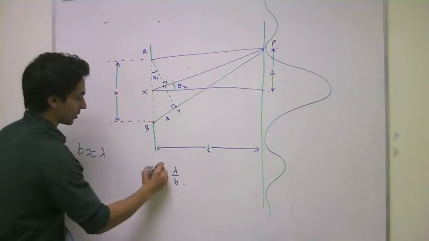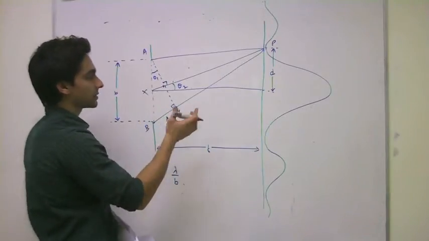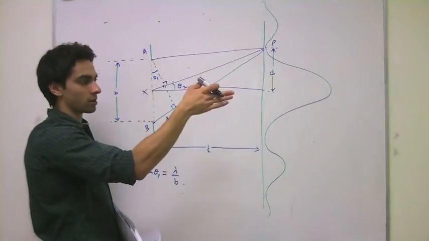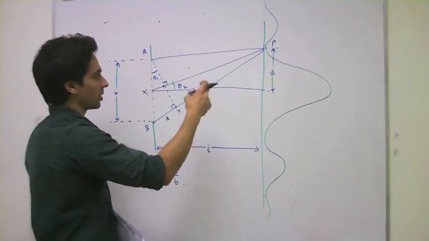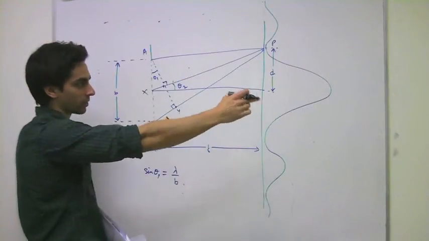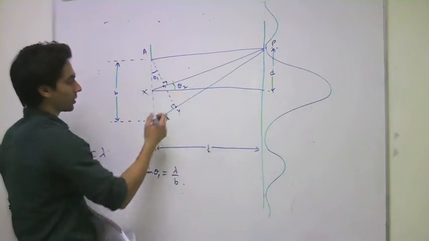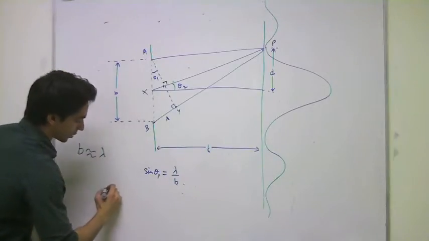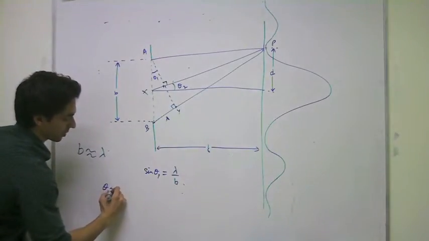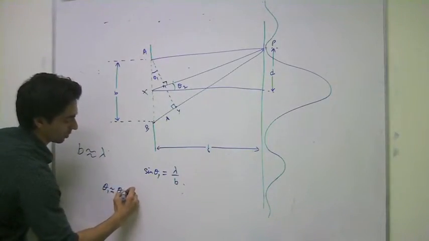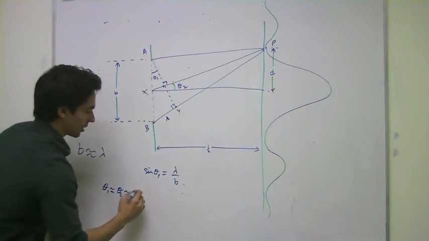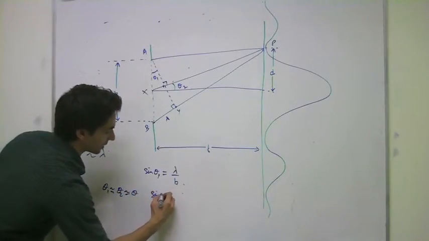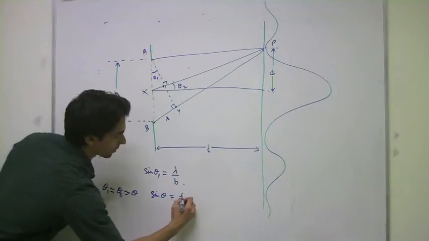So now sine theta 1. Now for small angles, we are only talking about very small angles in radians of angular separation. So theta 1 and theta 2 are both very small, and so let's approximate theta 1 and theta 2 to theta. Therefore we have sine theta equals lambda over b.